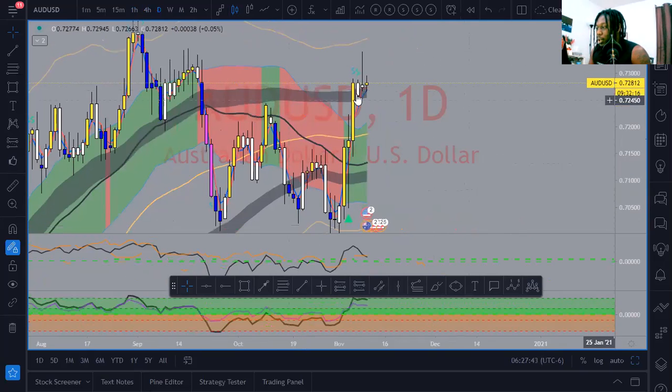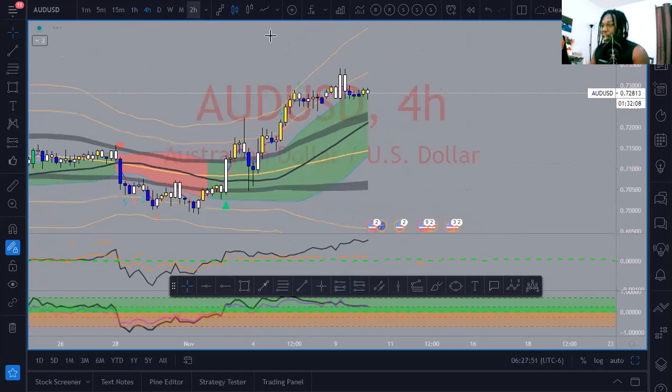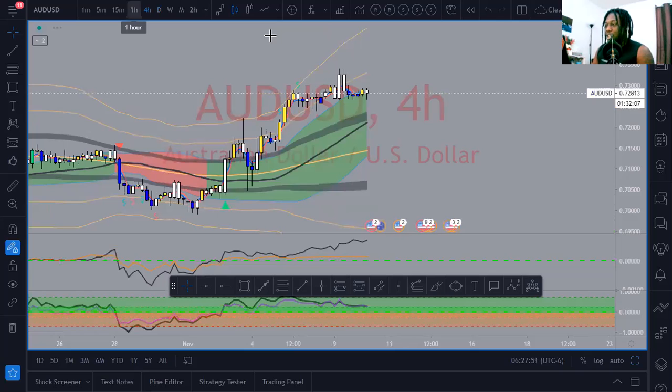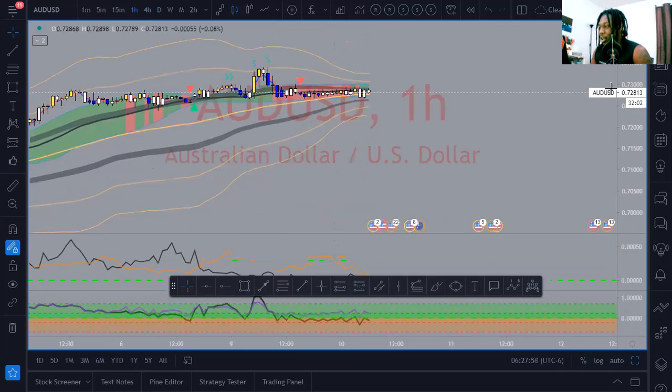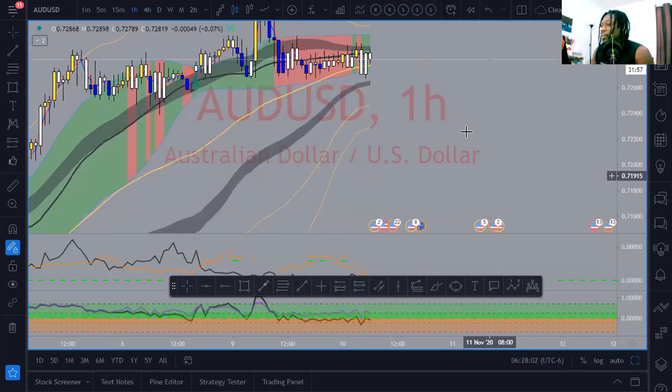It was showing that it was overbought with these, so I want to see this drop. Exactly. So that's solid to me. That's perfect. That's enough for me to say that okay, I'm gonna take the trade. Gonna let the 1 hour dictate whether I'm gonna stay in the trade or get out. So that's that. Okay, so that's AU.